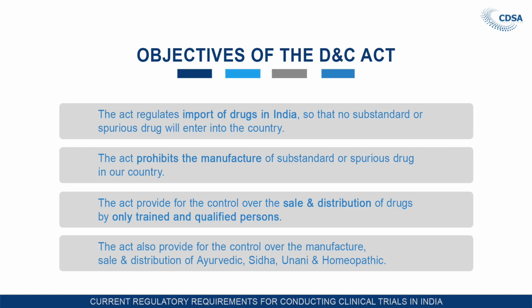The act prohibits the manufacture of substandard or spurious drugs in the country. See, the manufacturing is also given a manufacturing license, and before giving the manufacturing license, the applicant has to apply to the licensing authority, either state or the center.